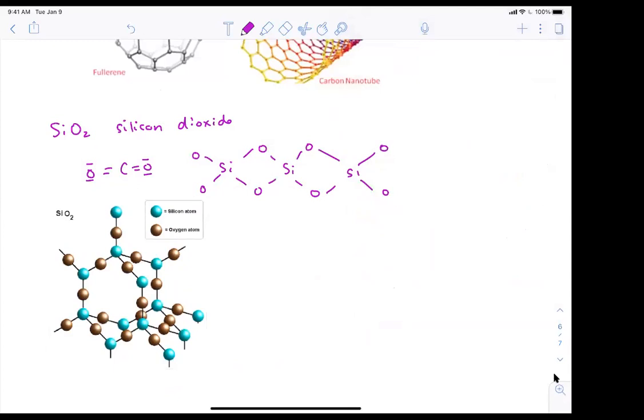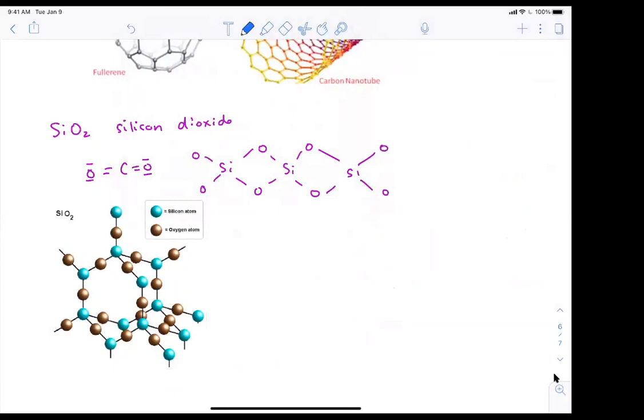But if each silicon is bonded to 4 oxygens, why is it called SiO2? Why do we think it's called SiO2? If each silicon is bonded to 4 oxygens, why is it not SiO4?